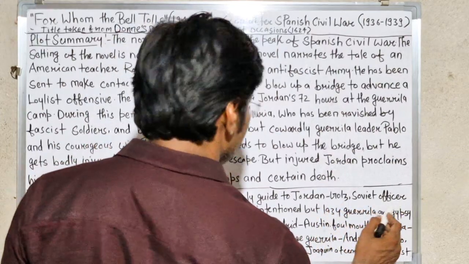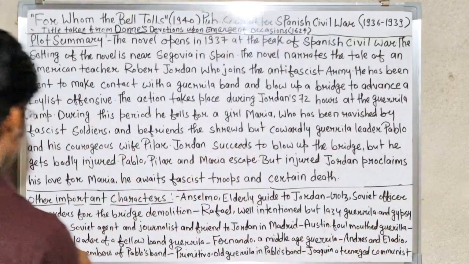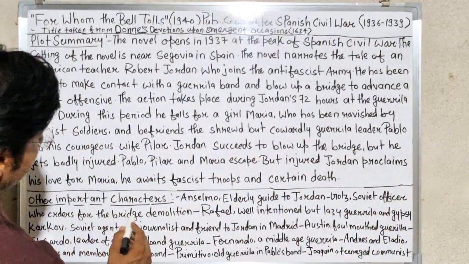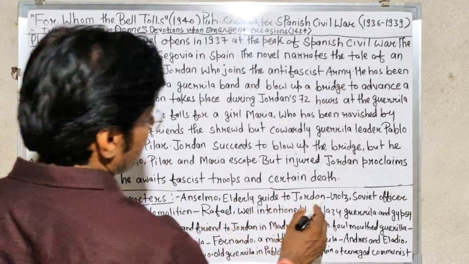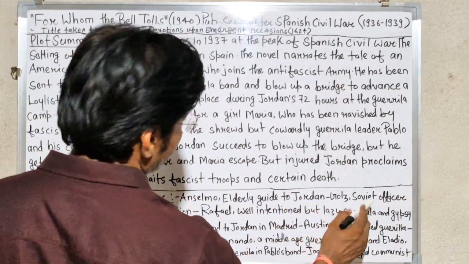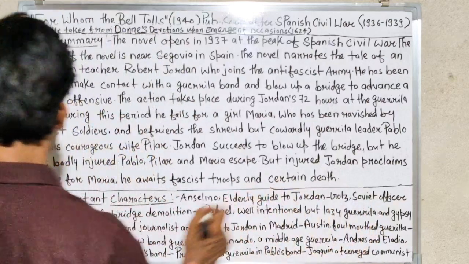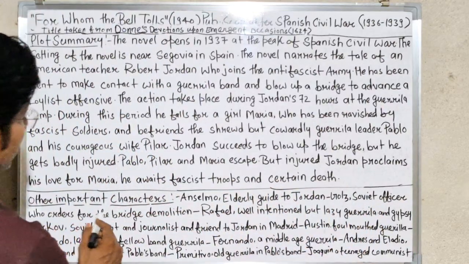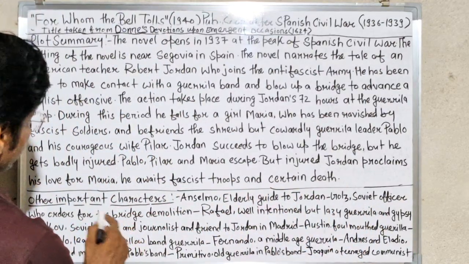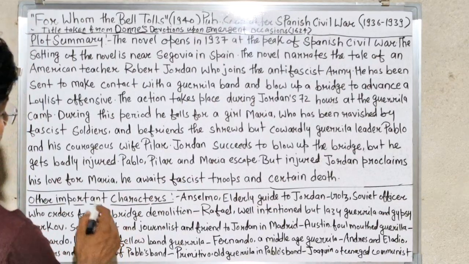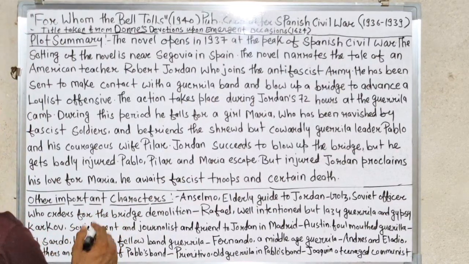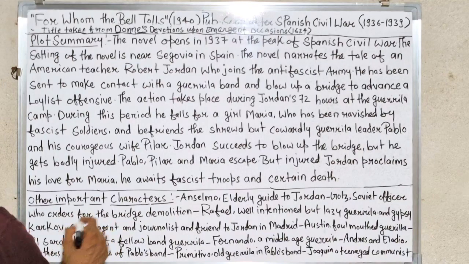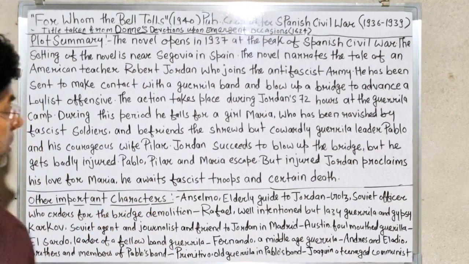Then Goals, a Soviet officer who orders the bridge demolition. Remember that Goals is the name of the Soviet officer who orders the demolition of that bridge that Robert Jordan at last destroys using dynamite.